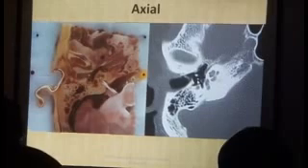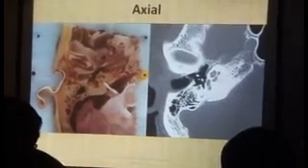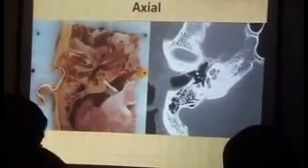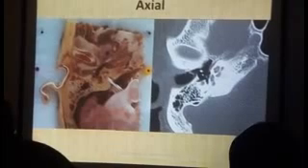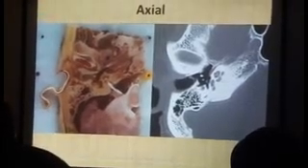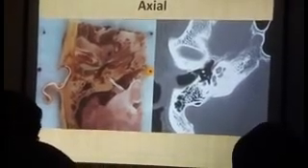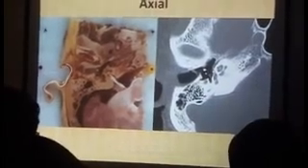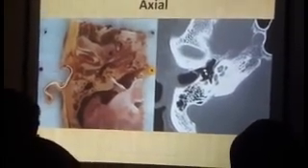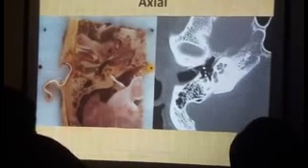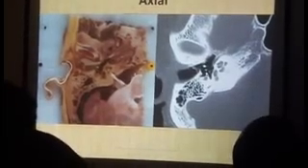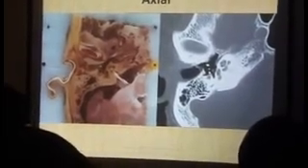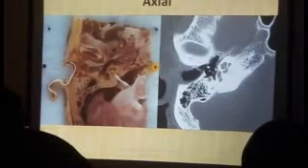So this is the area of the incudostapedial joint, and this sign is called the two parallel lines sign in radiology terms. The anterior parallel line is the cochleariform process, the tensor tympani tendon, and the handle of the malleus. And the posterior parallel line is the long lenticular process of the incus and the stapedial superstructure.